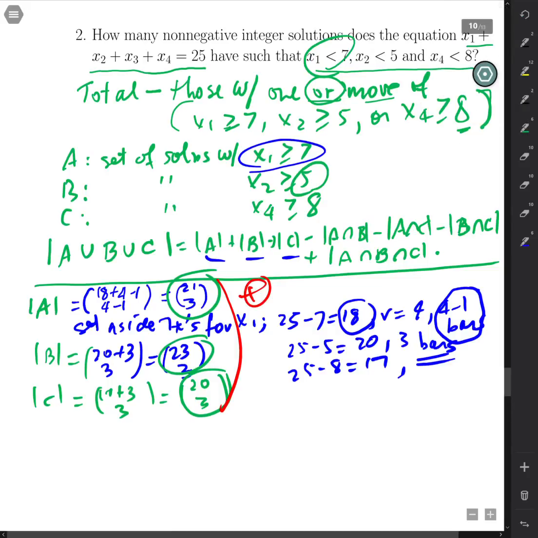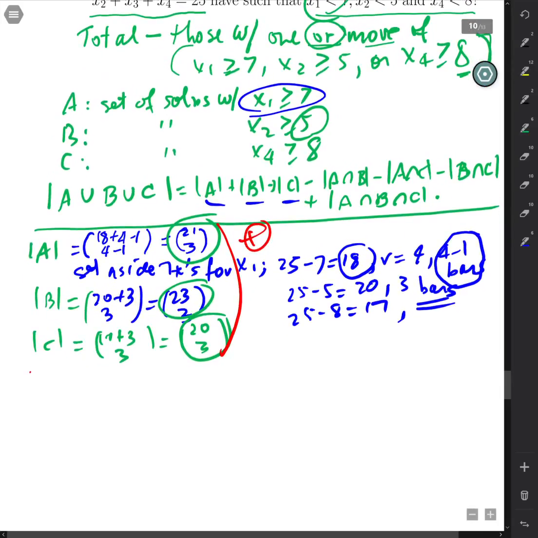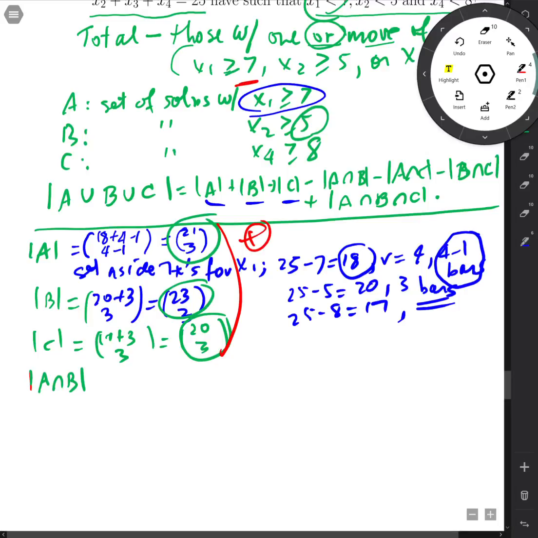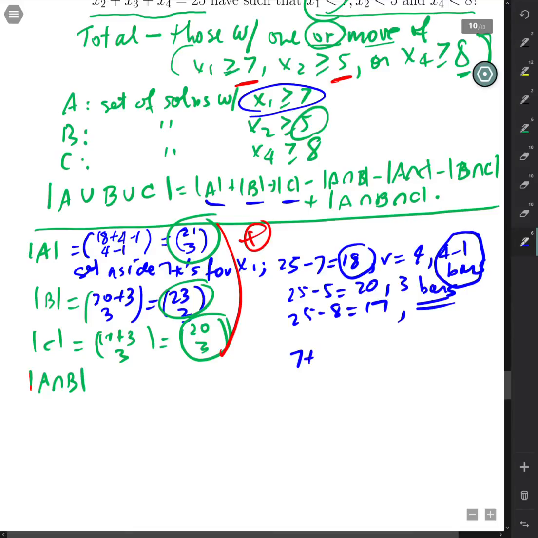Okay. Now let's do 2 of them at a time. A and B means that we'll be dedicating 7 and 5, so we're dedicating 12. So set aside 7 plus 5 equals 12. That leaves 25 minus 12, or 13 stars that we're going to distribute after we've set those aside.